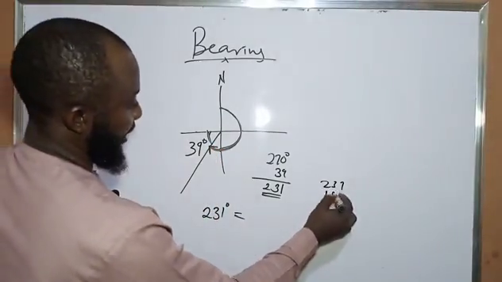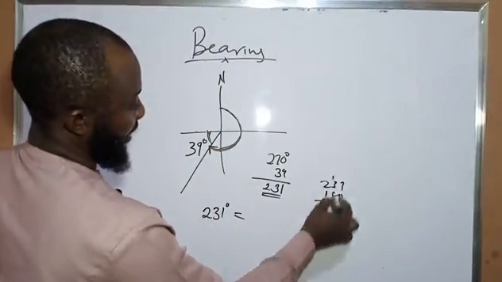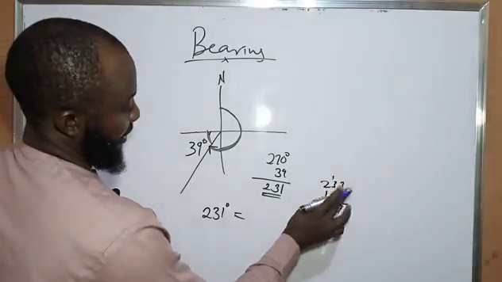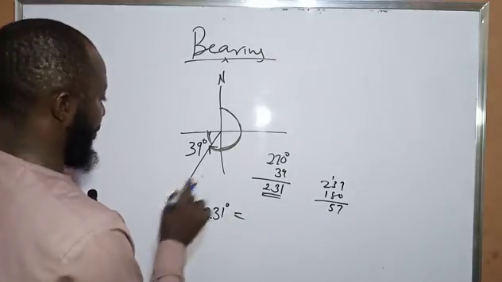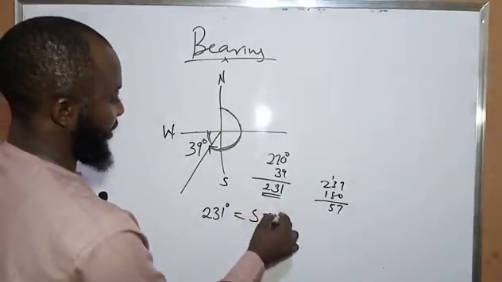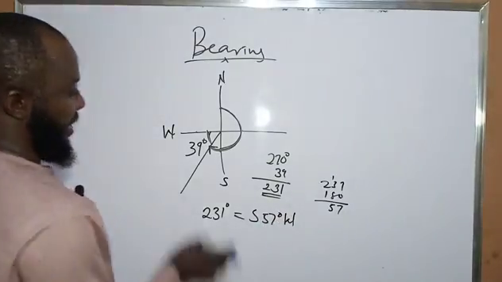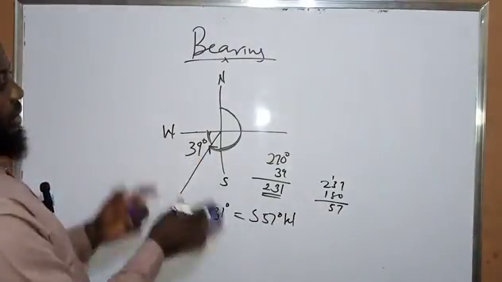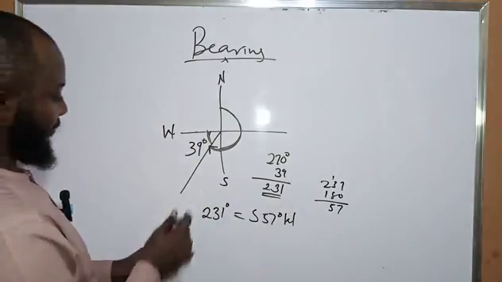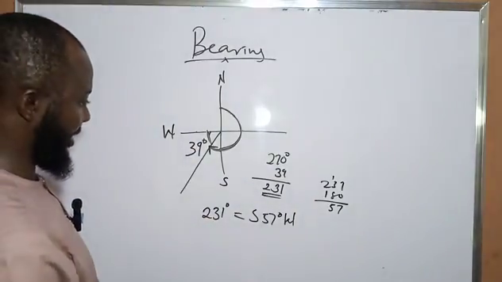So from 231, that will be 51, that's 57 as stated. That will be south west, south 57 degrees west. So I've used this to show how you can navigate between compass bearing and 3-digit bearing. I hope this is clear.